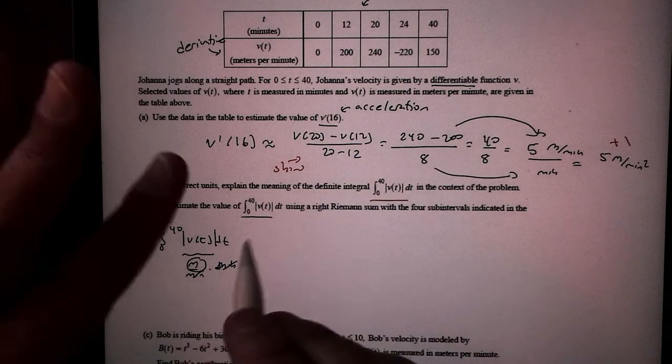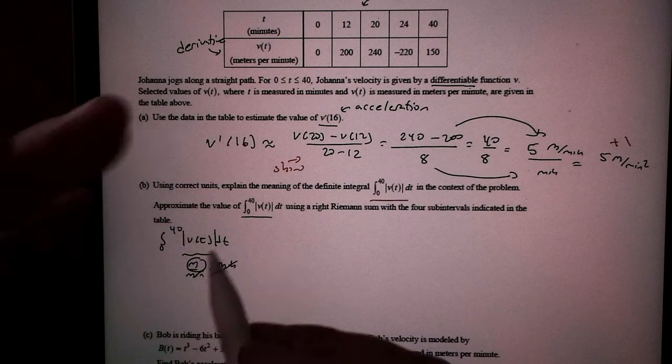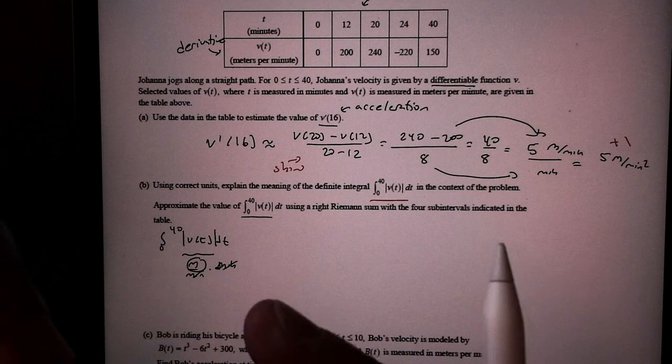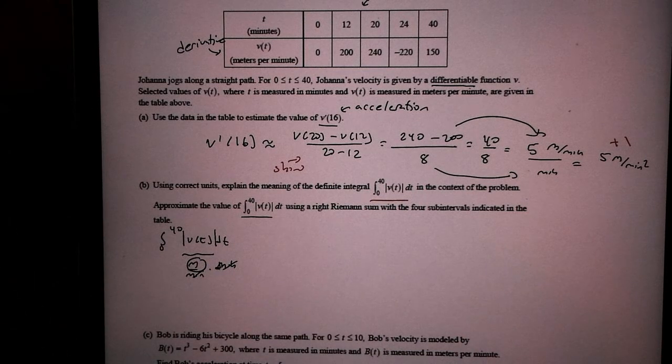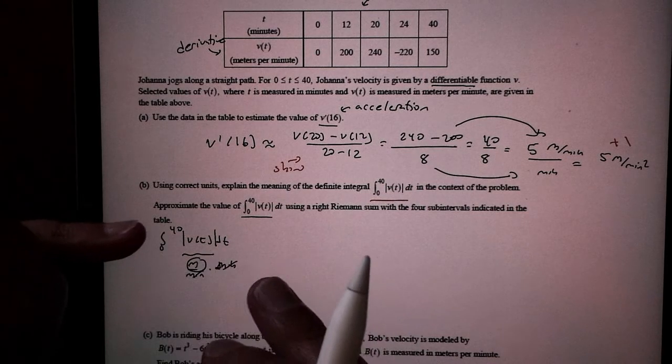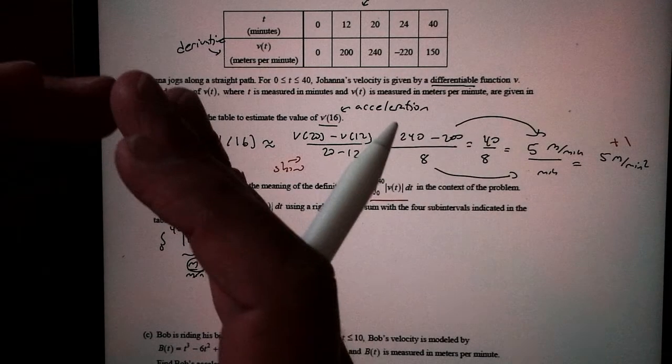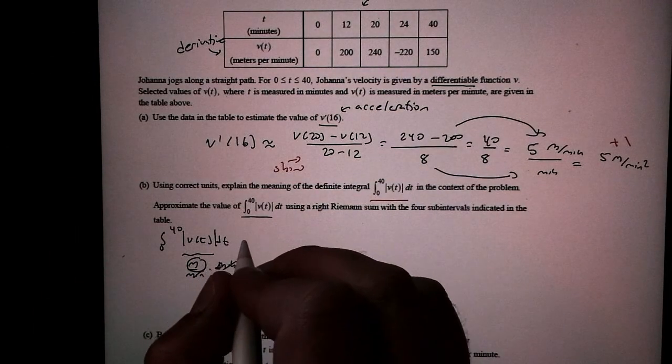Now, without the absolute value, we would say that this would be our net distance, or displacement. But what the absolute value does is it takes any negative distance and makes it positive. So this is our total distance.